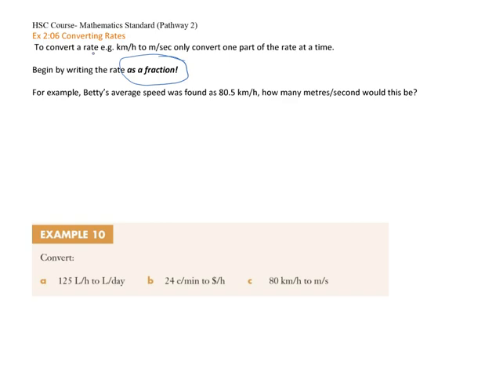So we know that if we've got a fraction, then we can cross multiply, we can solve our equation, we can find values. With our rate written in our two-dot format, we're fairly restricted mathematically with what we can do. The only things that we can do is multiply or divide the two quantities or convert a quantity from one unit to a different unit.